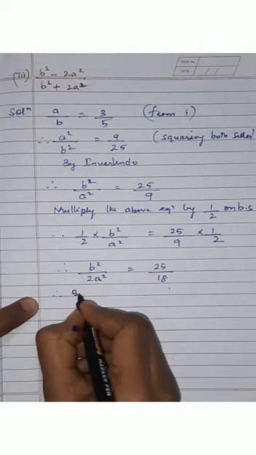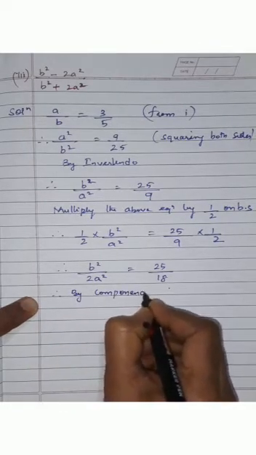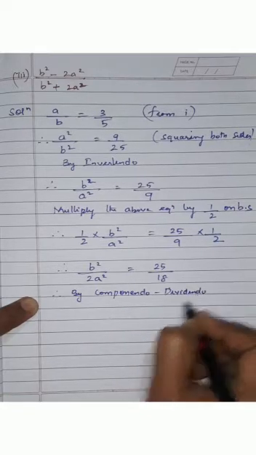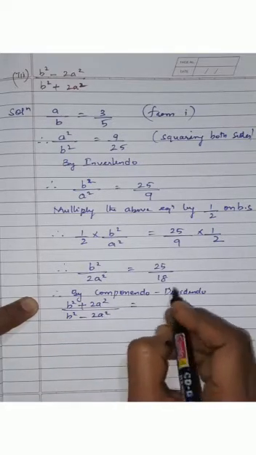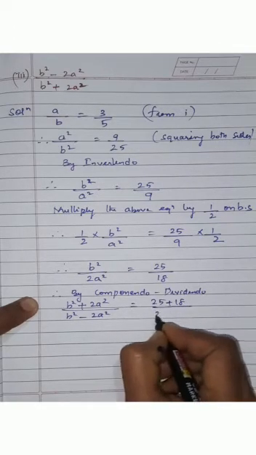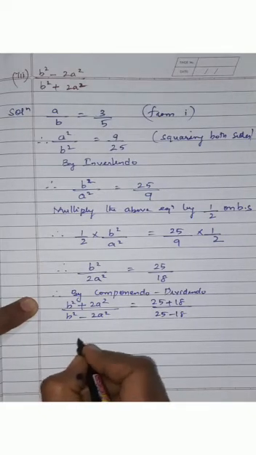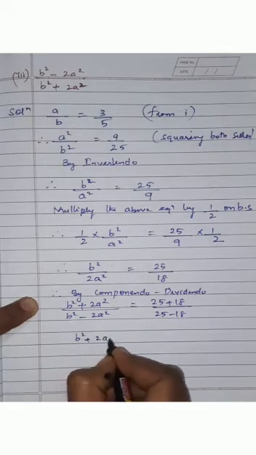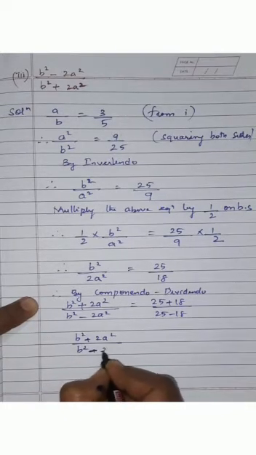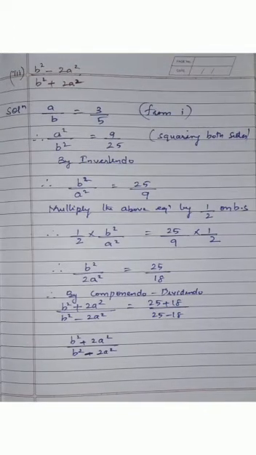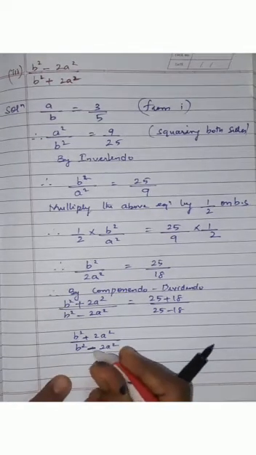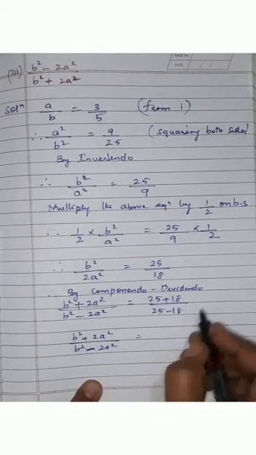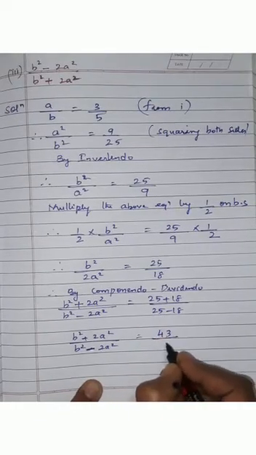By the componendo and dividendo property, we get b square plus 2a square upon b square minus 2a square is equal to 25 plus 18 upon 25 minus 18. 25 plus 18 is 43, and 25 minus 18 is 7.